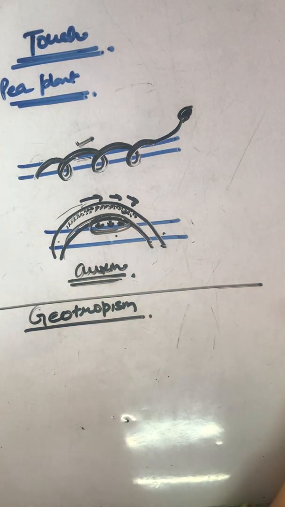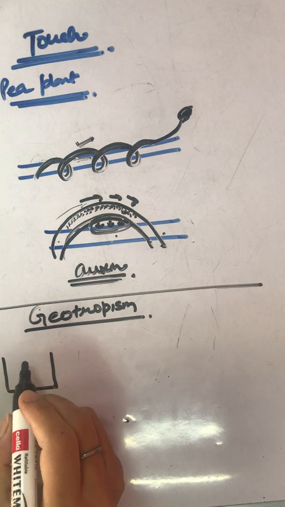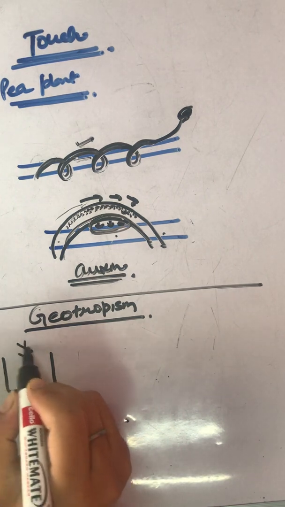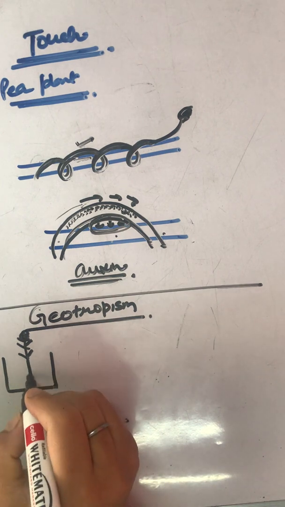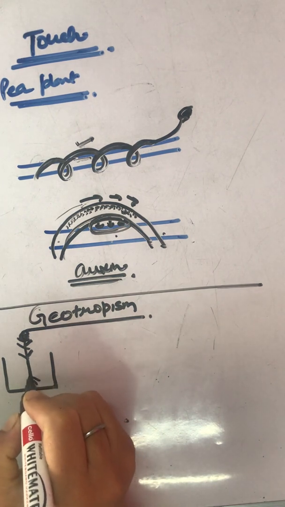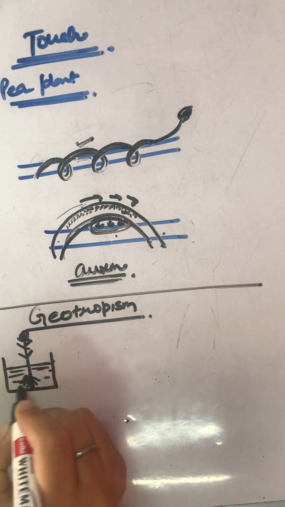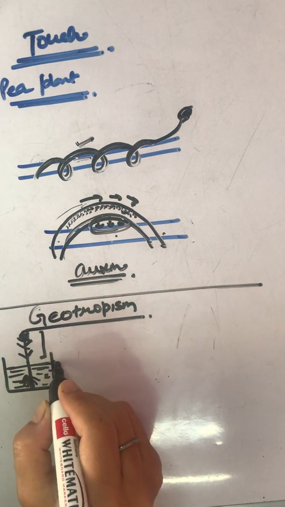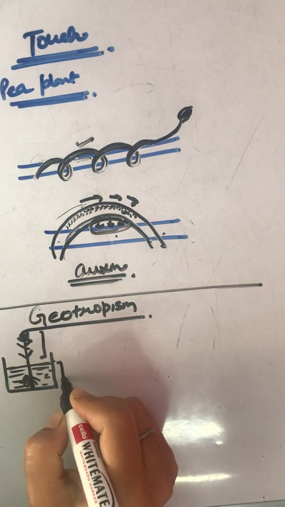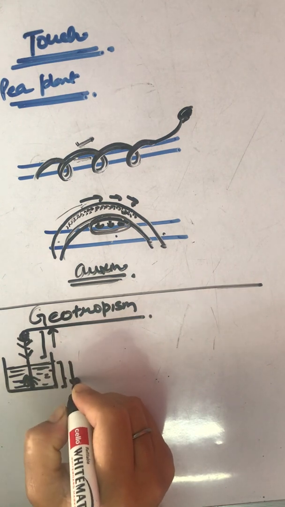geotropism. Geotropism means I have taken this potted plant where I'm showing that it is growing upright, and the root is growing obviously towards the direction of gravity. This shoot will show positive phototropism, this root will show negative phototropism because one is growing upward and this one is growing downward.